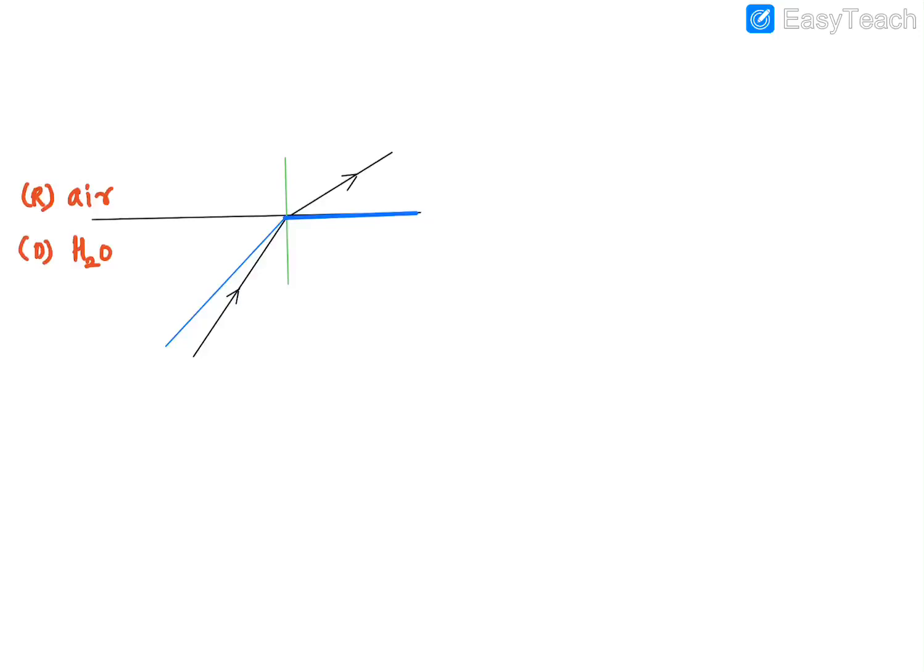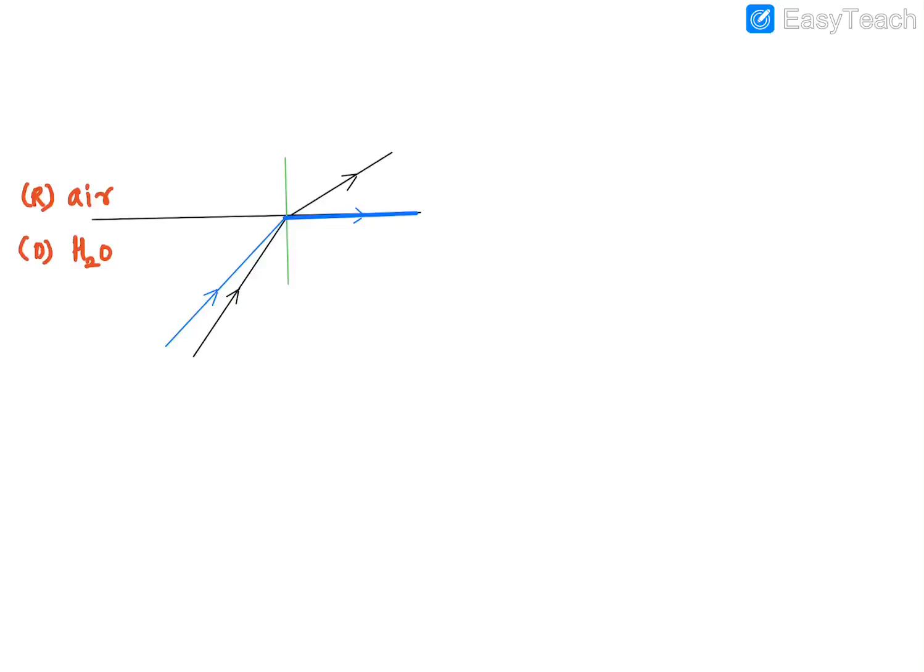It will go along the surface. So if this was your incident ray, then this will be your refracted ray. So you can see now the refracted ray is going along the surface, meaning what is the angle that it makes with the normal?